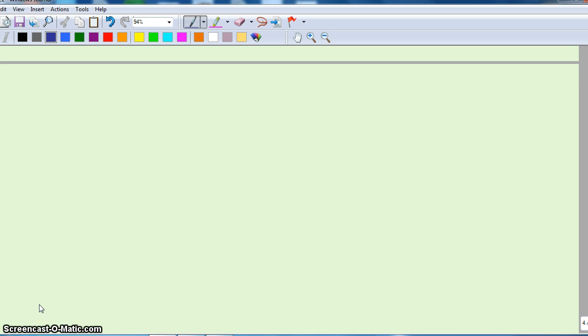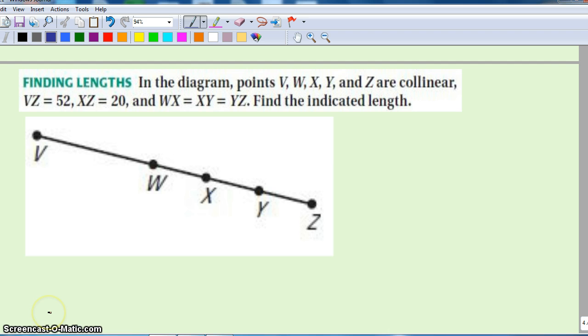Alright, let's try another one. This one has a little bit more steps involved. In the diagram, points V, W, X, Y, and Z are collinear. We did collinear in the vocabulary words.